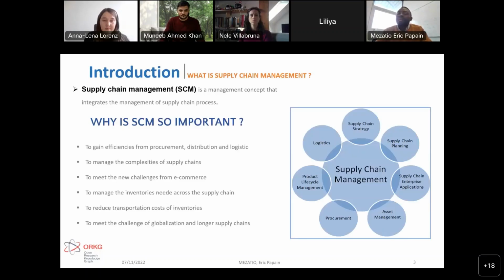So I'm currently working in the domain of supply chain management, a concept that integrates the management of supply chain processes. The main role of the supply chain is to gain, for example, efficiency from procurement to distribution and logistics, to meet, for example, the new challenges from e-commerce and to manage the inventory needs across the supply chain, and a lot more.